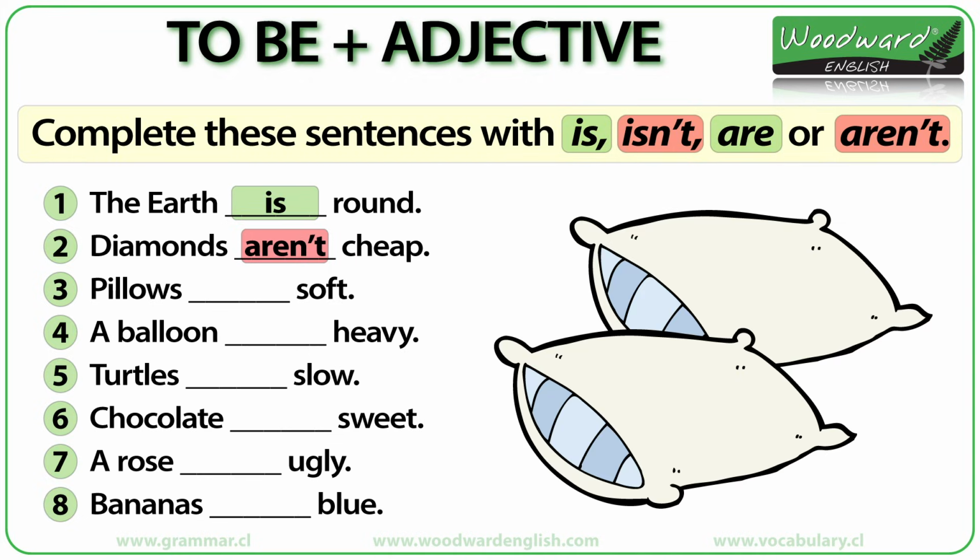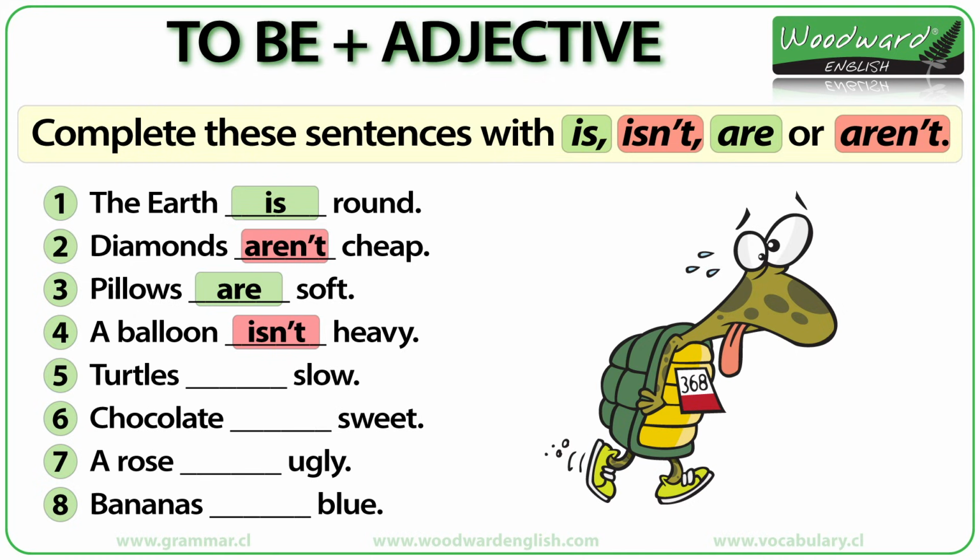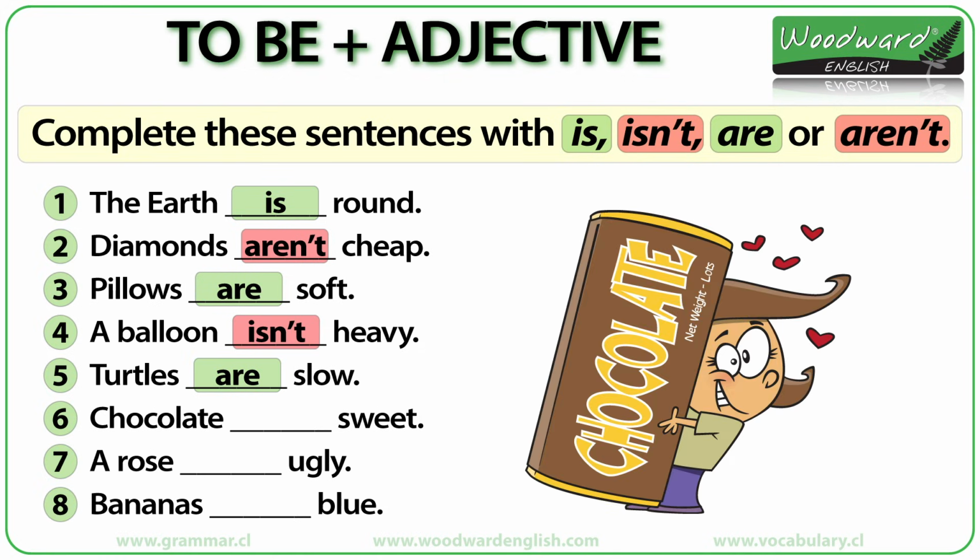3. Pillows are soft. 4. A balloon isn't heavy. 5. Turtles are slow. 6.